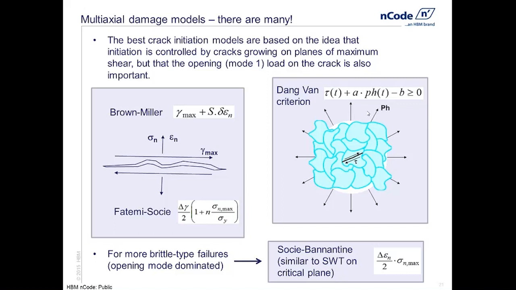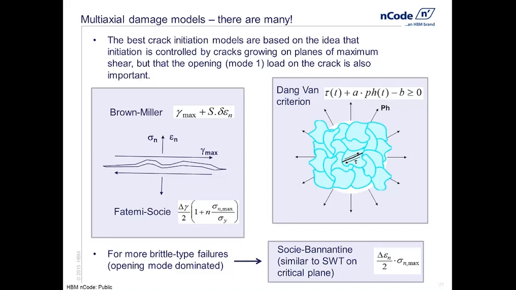Now, these little shear cracks are driven mainly by shear strain and grow on planes of maximum shear. But the opening load on this plane is also important, as the potential for damage is increased as you open a crack. So these ideas were worked on by people like Brown and Miller.